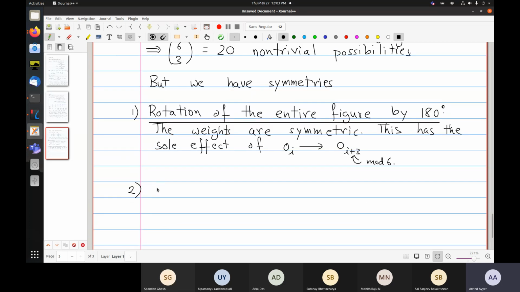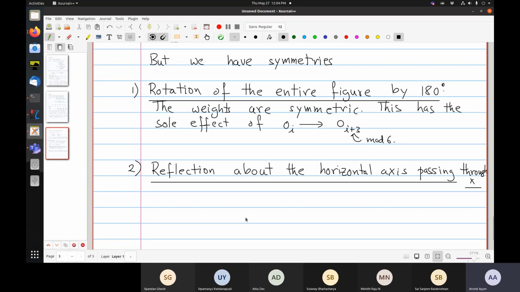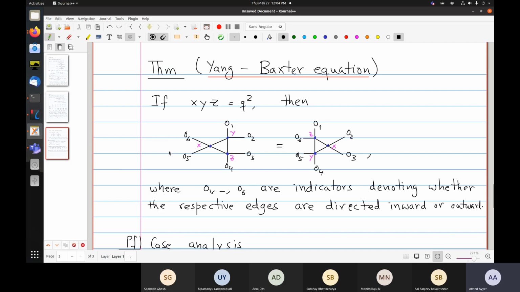The second one is reflection about the horizontal axis passing through X. This is a little more non-trivial. What does this do? So you draw an imaginary line like so, and you reflect about it.